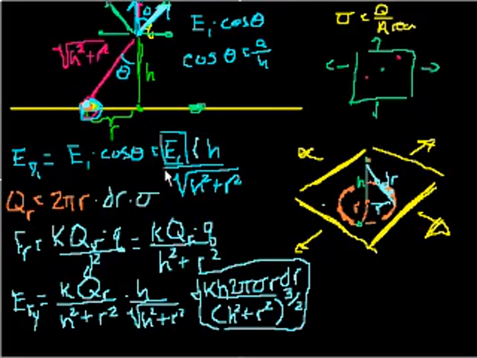So with that out of the way, let's see if we can sum up a bunch of rings going from radius infinity to radius 0 and figure out the total y component, or essentially the total electric field, because all the x's cancel out anyway, at that point h units above the surface of the plane.